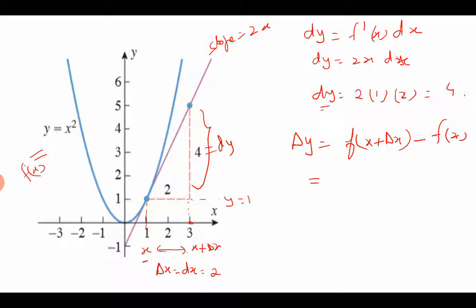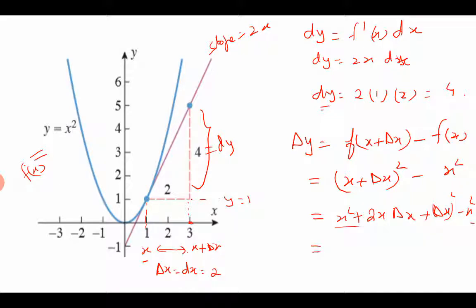So f of x plus del x is x plus del x whole square minus x square. When you expand this, x square plus 2 times x into del x plus del x whole square minus x square. So x square and x square cancel, we get 2x del x plus del x whole square. Substitute the values of them.